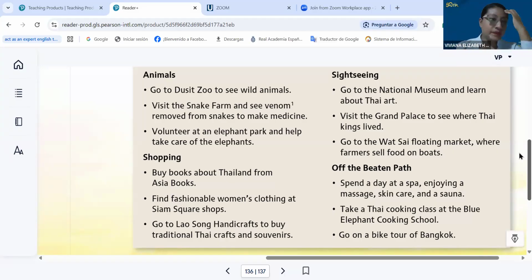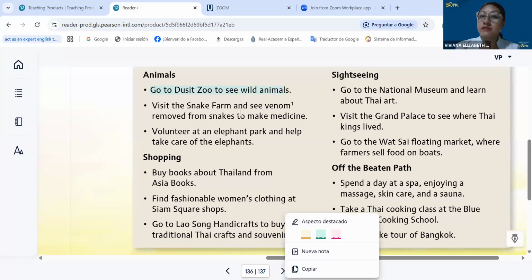For example, I'm going to discuss in my group the first topic, animals. Which of these 3 activities do we consider more or less interesting? Let's say that in my group, I think that going to the zoo to see wild animals is more interesting than the other 2 activities. So I'm going to copy this chart and classify them.